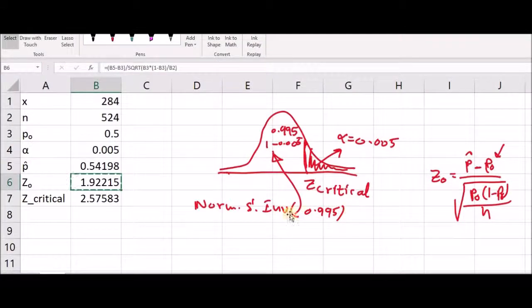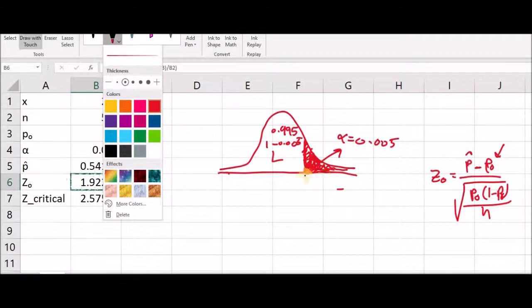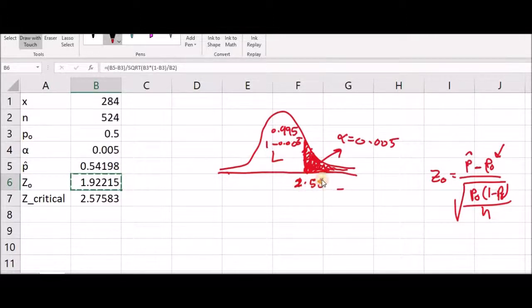Next, we will determine whether the test statistic is in the critical region or not. So let's go back to Excel and I will explain. Here's my critical region right here, because this is the critical value, and anything above that, if the test statistic happens to be in this region, then it will be too far away from the population proportion, and we will reject the null hypothesis. So let's put the numbers and see if it's inside or outside. I have the Z critical to be 2.58, and then the test statistic is 1.92.